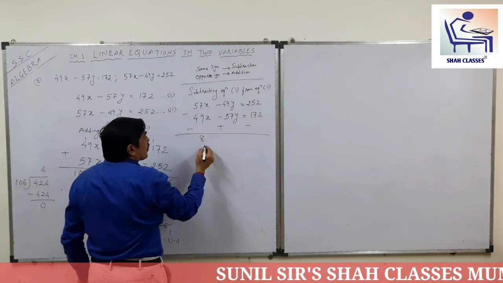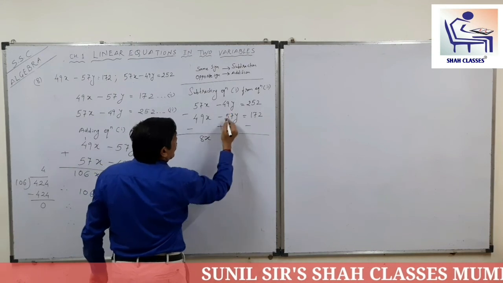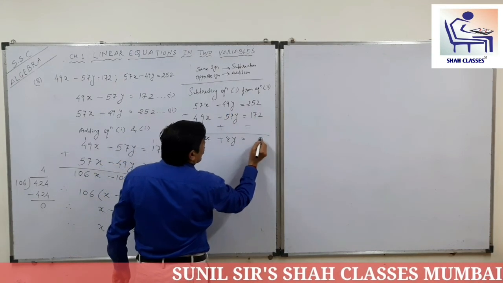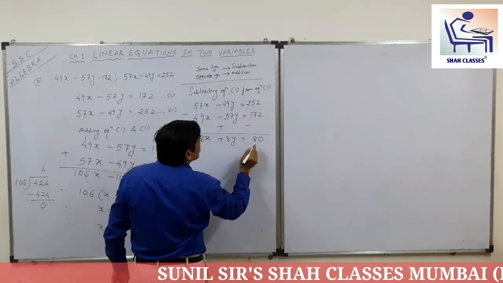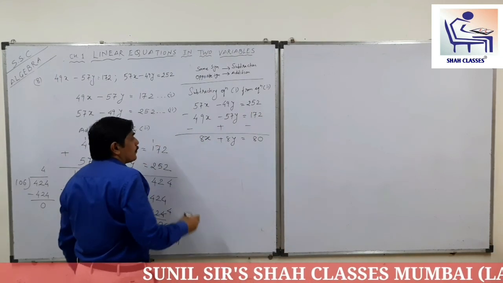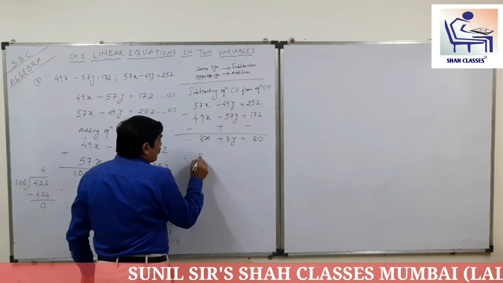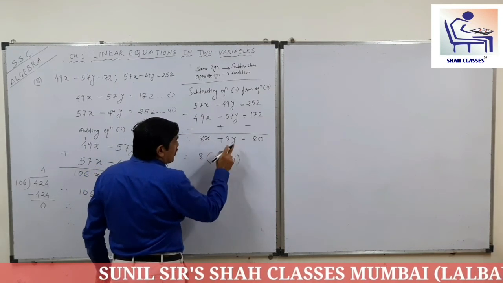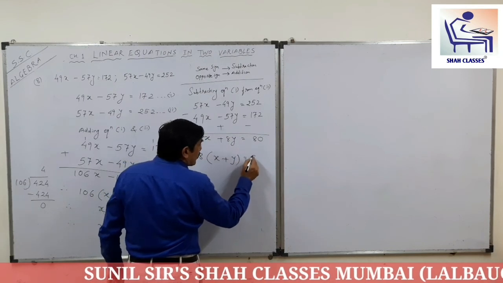So 57 minus 49 is 8x, and now plus 8y is equal to 2 minus 2, 0, 15 minus 7 is 8, and 1 minus 1 gets 0. So here we are getting 8 as a common and x plus y as the uncommon part.